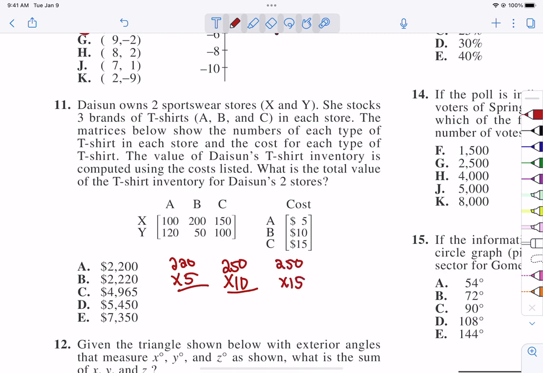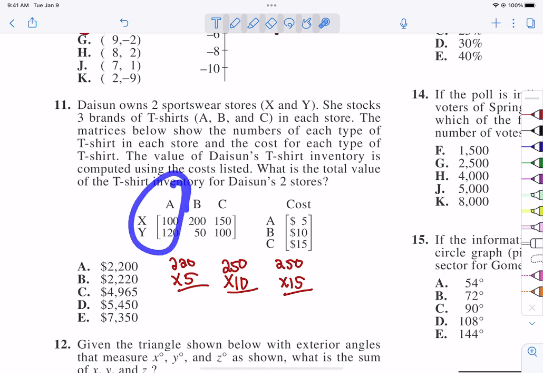So we can kind of tell without reading everything. This question here is so important, so I sometimes will read that question more than once. What are they asking me to find? The total value of the t-shirt inventory for Dayson's 2 stores.